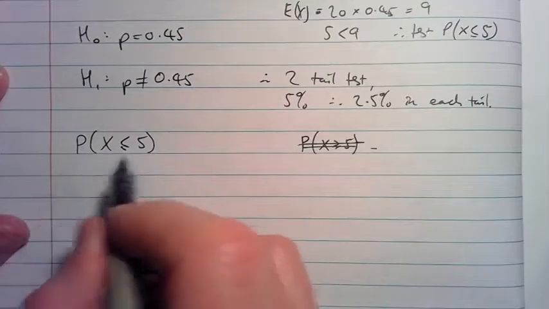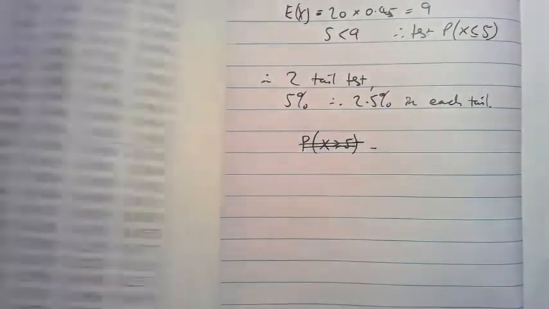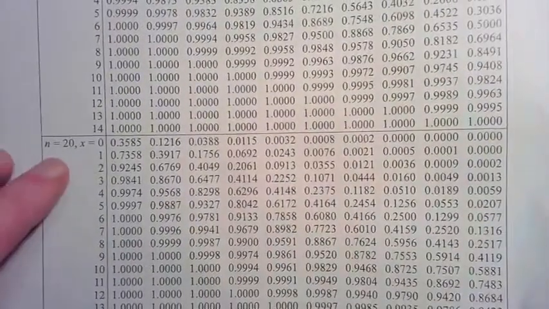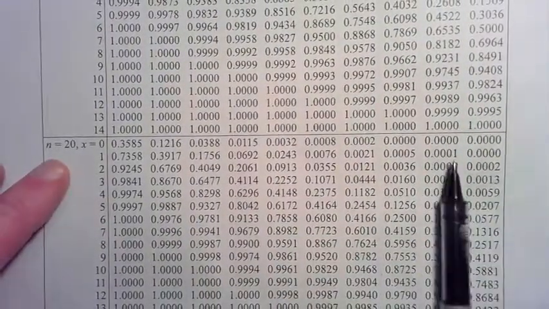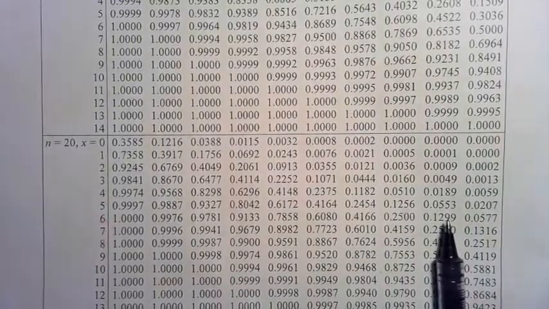Okay, so the probability that x is less than or equal to 5, with n equal to 20 and p equal to 0.45. Look at our table. n is 20, 0.45 is the penultimate column. Less than or equal to 5.